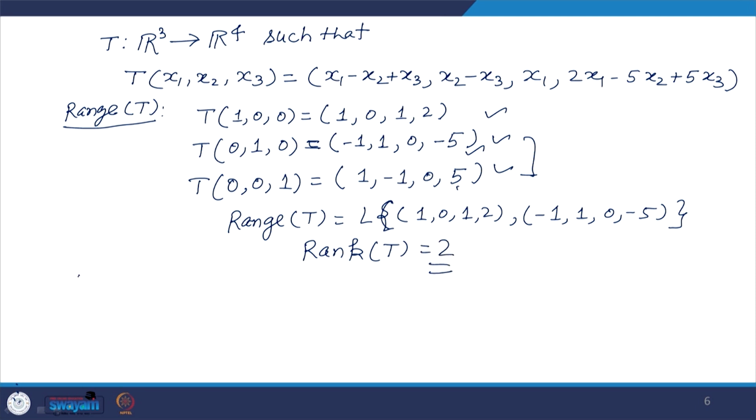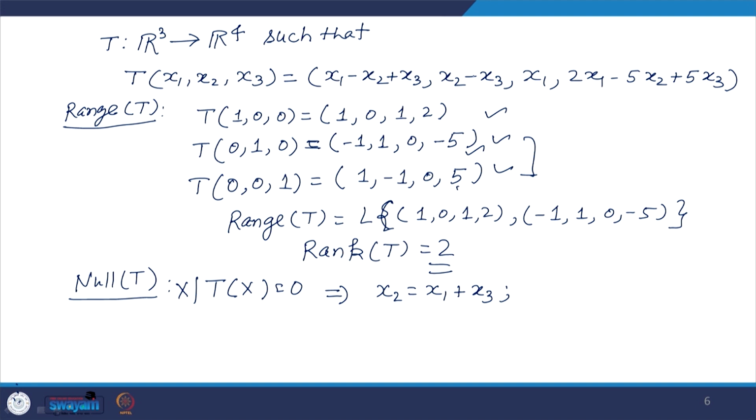Similarly, we have to find the null space. The null space of T is all vectors x such that T(x) equals 0. So, it is giving me x1 - x2 + x3 equals 0, so x2 equals x1 + x3. Then x2 - x3 equals 0 gives me x2 equals x3. x1 is 0 from here.